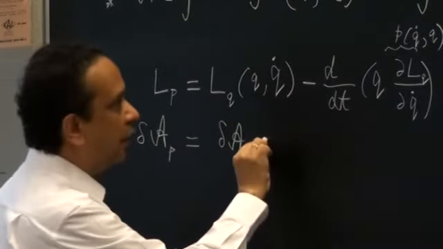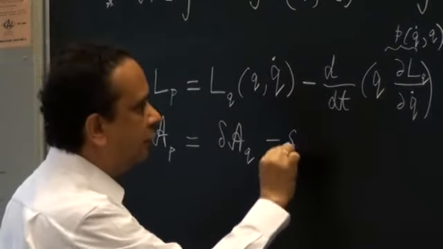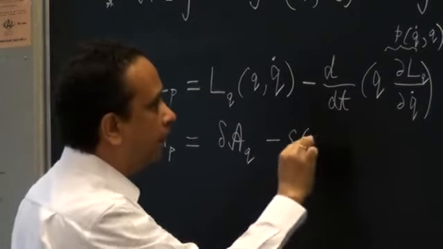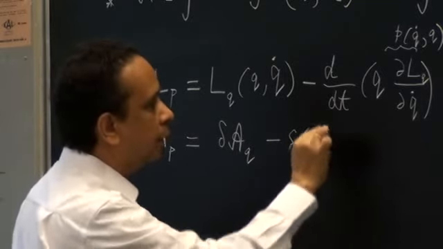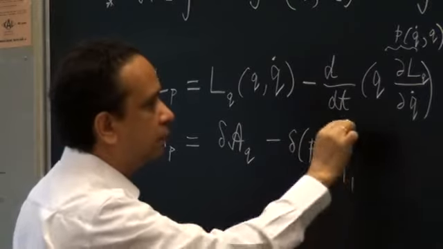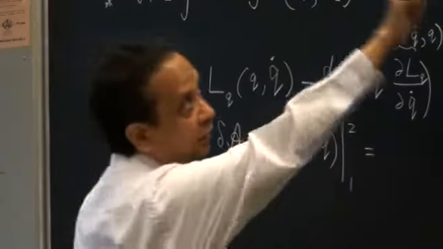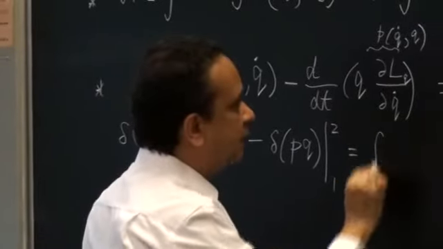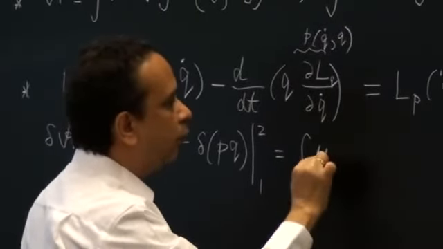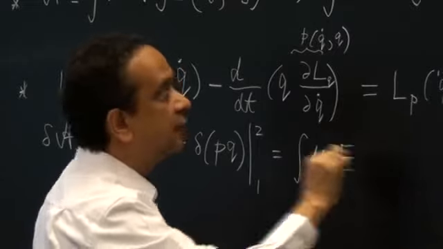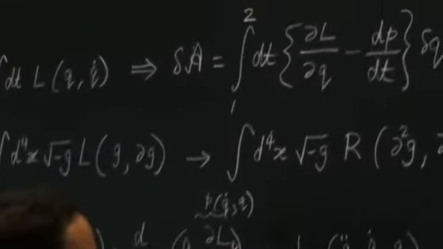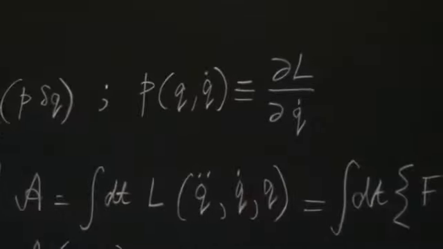Then you will pick up minus delta of PQ evaluated at the endpoint. So delta of AQ we know has the structure which we have worked out. It has an integral over dt of the Euler function, this entire bracket that we call the Euler function, delta Q. This gives you the equations of motion.